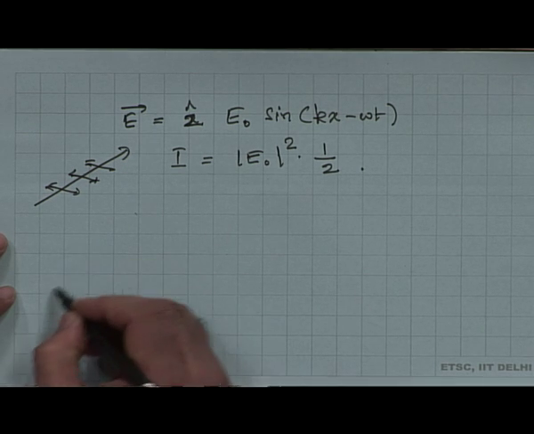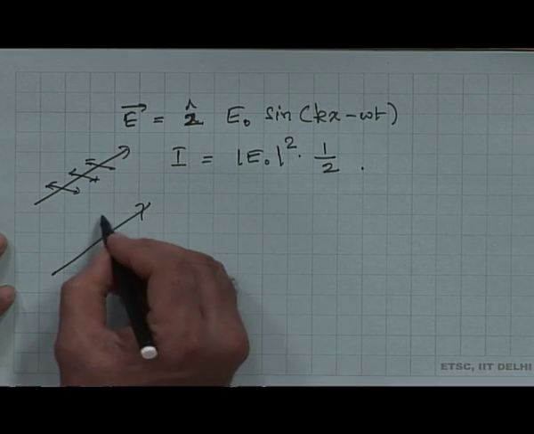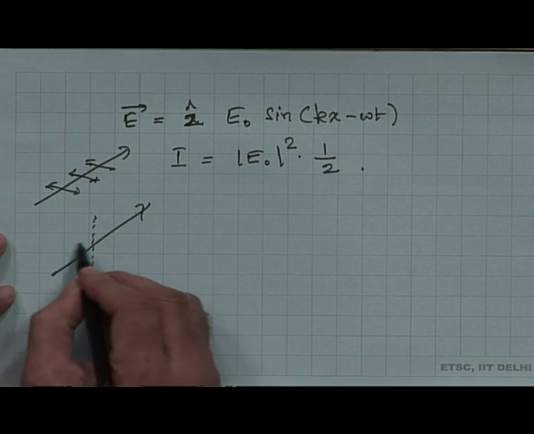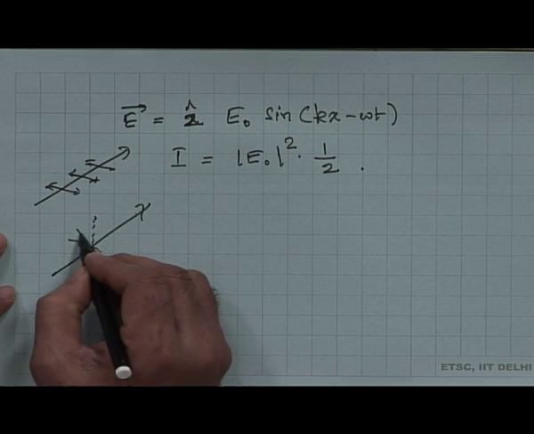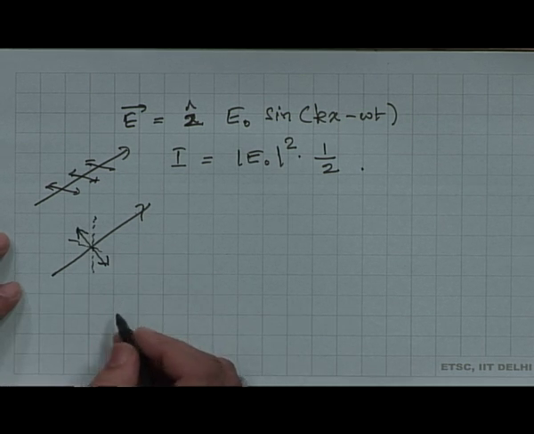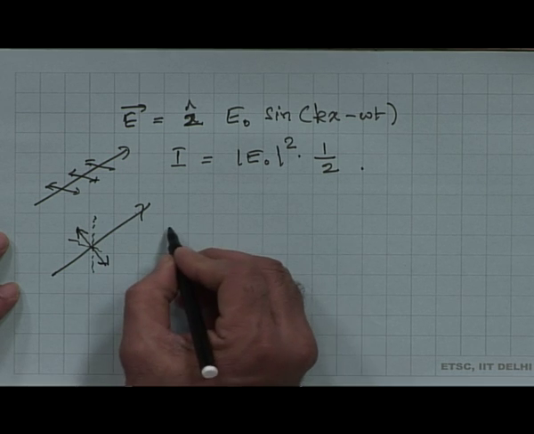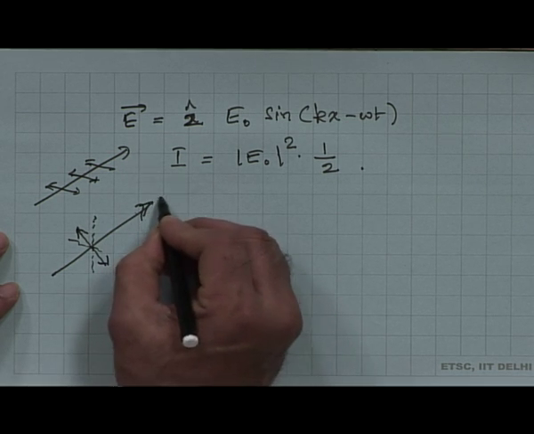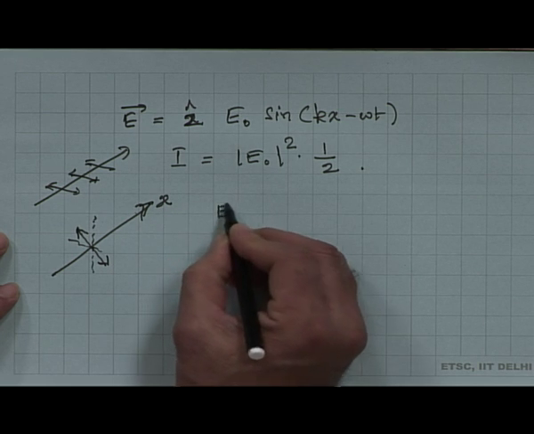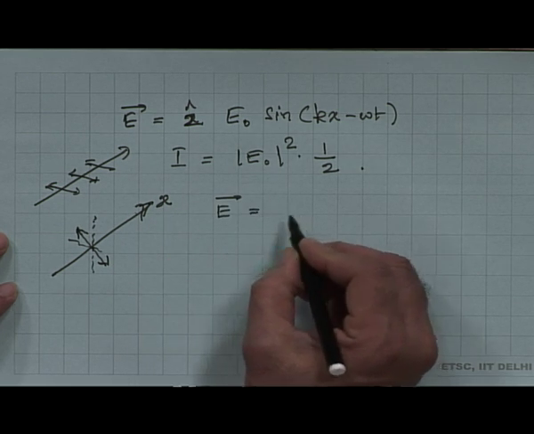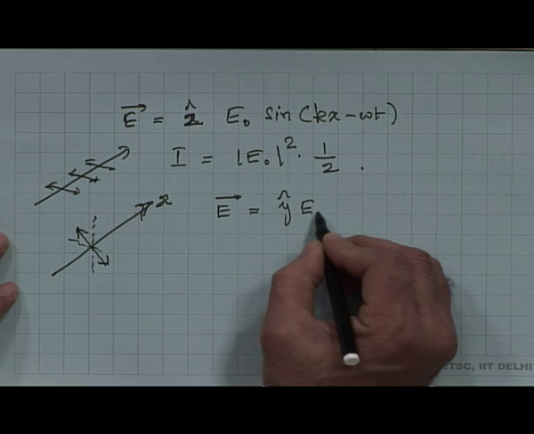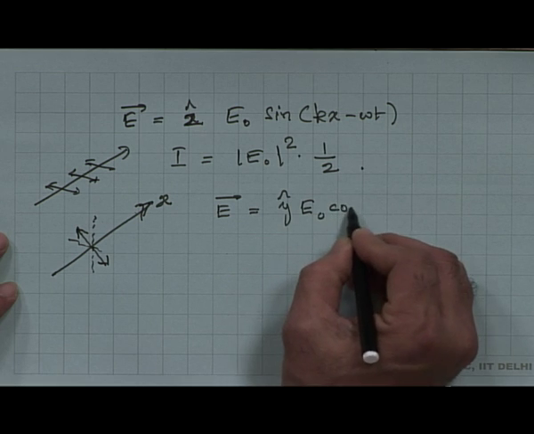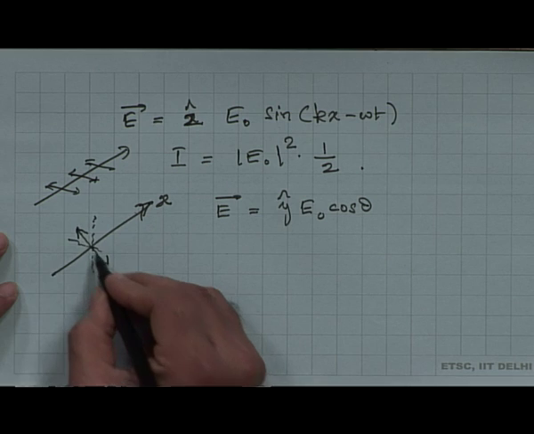If we consider light polarized at an angle, like this, it has two components. This is the x direction. The amplitude is E 0.